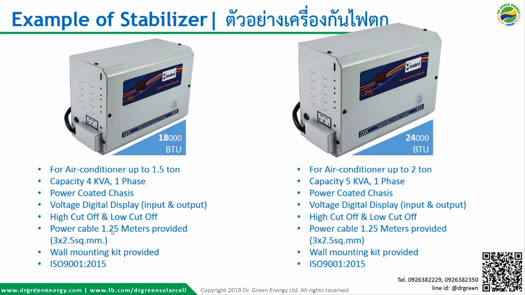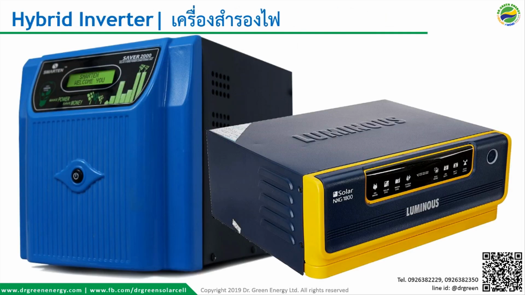They come with power cables of 3 times 2.5 square millimeters, which makes it convenient to install this stabilizer. You don't need to go out and buy the accessories again. And last but not least, this air conditioner stabilizer is certified with the ISO standard and also some other safety standards.